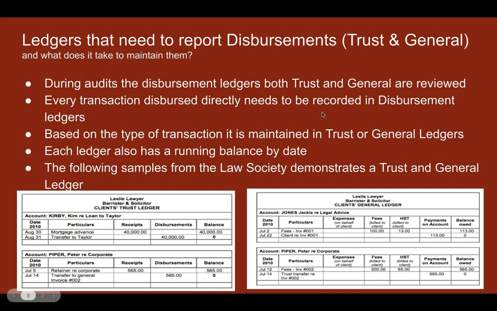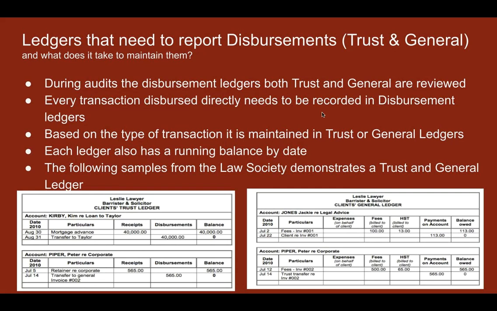Every transaction is recorded in both trust and general, and also dispersed directly. That needs to be recorded under disbursement ledger, as you see here, based on the type of the transaction, whether it is out of your trust or into your trust, and out of your general or into your general respectively.